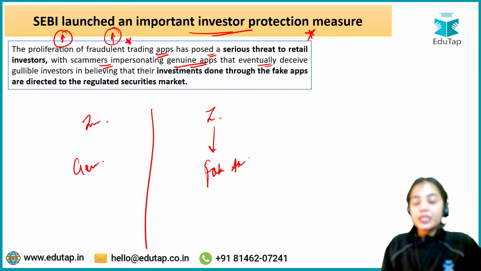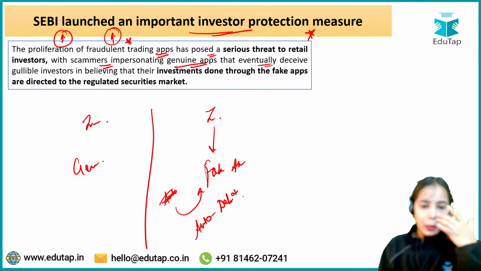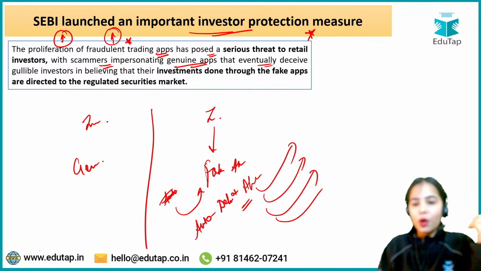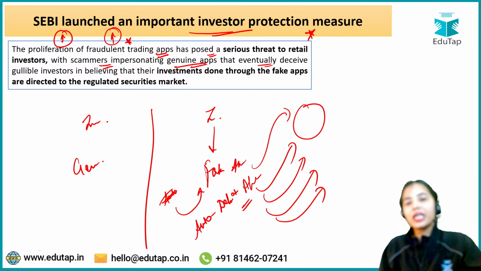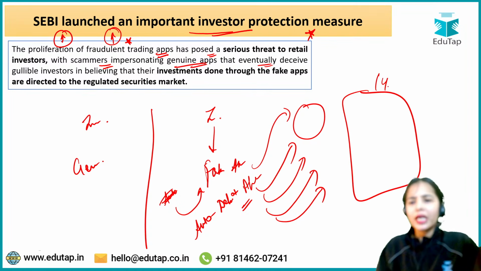Think about it. Let's say you have given an auto debit approval. Through the auto debit approval, the money is deducted from your account on a monthly basis. Now you are giving the permission to this fake app to take the money from your account. You think the investment is happening on a regular basis, and usually after 1 year you will check how much you have invested in the mutual fund.